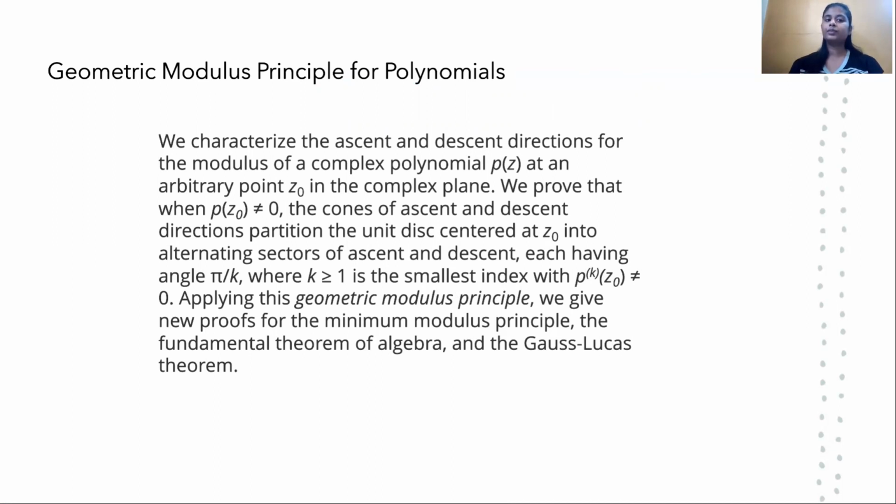We prove that when p(z0) is not equal to 0, the cones of ascent and descent directions partition the unit disk centered at z0 into alternating sectors of ascent and descent, each having angle π/k, where k ≥ 1 is the smallest index such that p^(k)(z0) is not equal to 0. Applying this geometric modulus principle, we have new proofs for the minimum modulus principle, the fundamental theorem of algebra, and the Gauss-Lucas theorem.